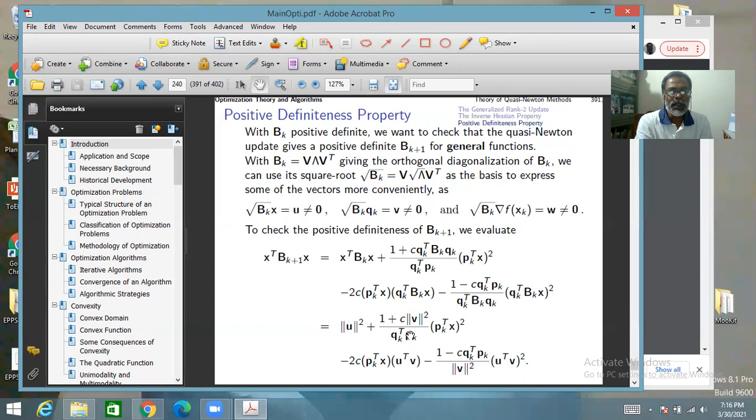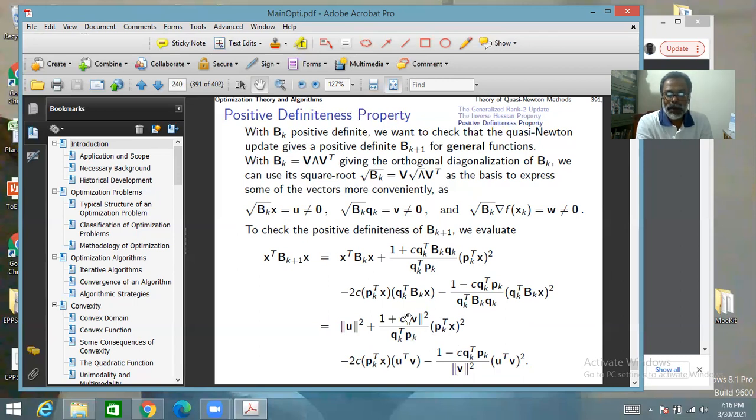do some simplification. All the C terms we take together, and all the C free terms, that is all the terms free of C, we take separately. So C free terms will be this one and one term from here, 1 by this into this square, leave out this, and one term from here, that is 1 by V mod square into this, leave out this.